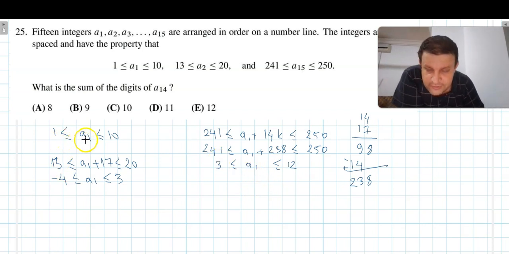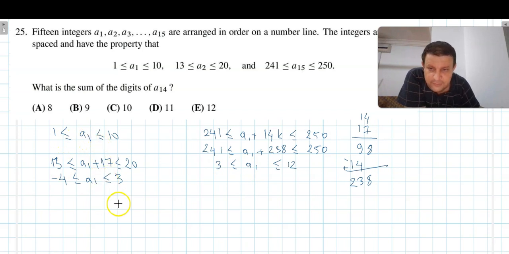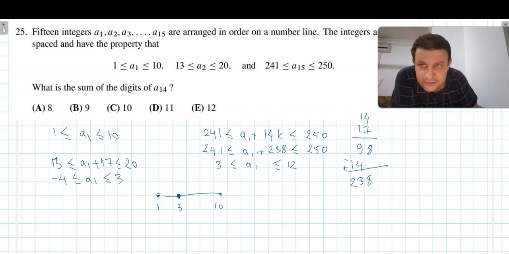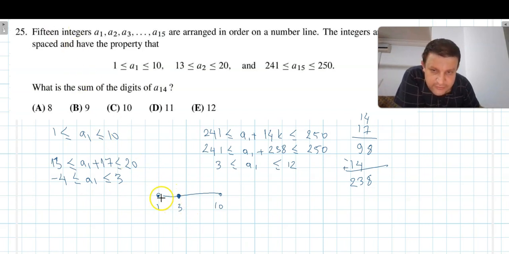What can A1 be? In the first one, A1 is between 1 and 10. In the second one, it's between -4 and 3, which means we are limiting it so it cannot be greater than 3. So A1 is between 1 and 3.